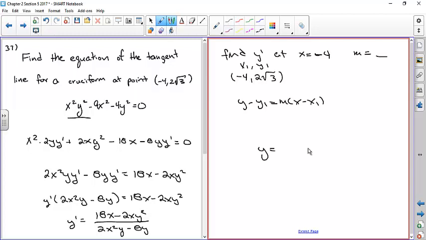You'll use the equation for the derivative, and you've got to plug both x and y in here, not just x. So find y prime at x equals -4, y equals 2 times the square root of 3. That's different than what we've had to do in the past.